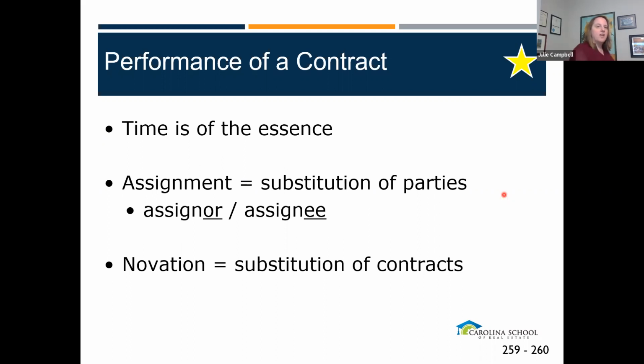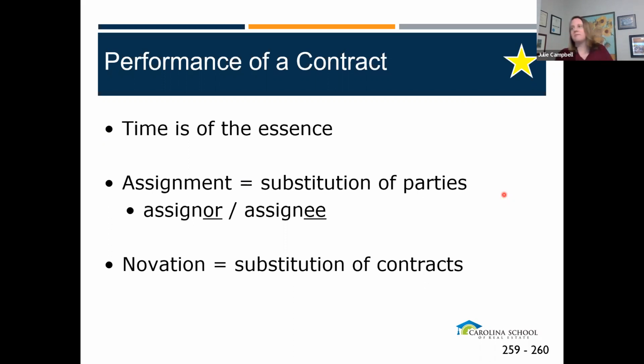I think a good example of an assignment is when your lender sells your mortgage to another lender. They assign it to the new lender with all the terms exactly the same. Your payment stays the same, your interest rate stays the same, how much you owe and when it's due, all that stays the same. The only thing that changes is the name of one of the parties, and in that case, it is the lender.